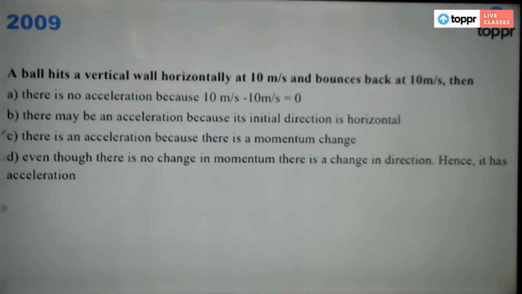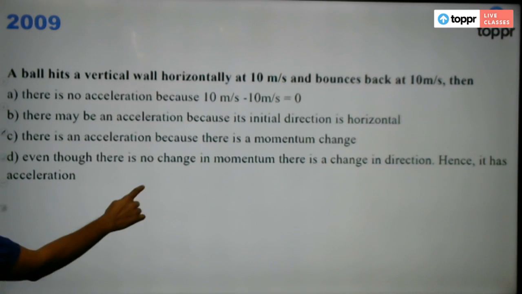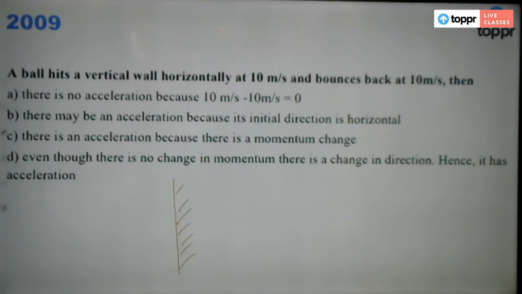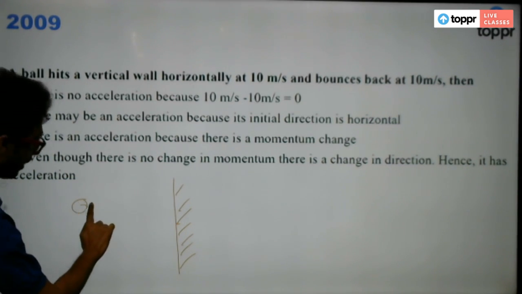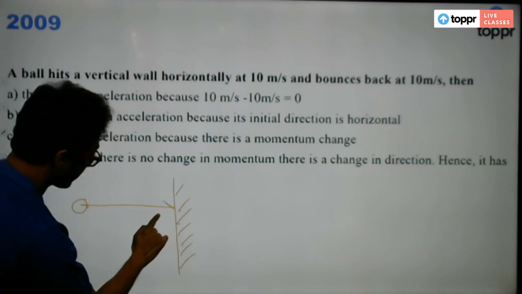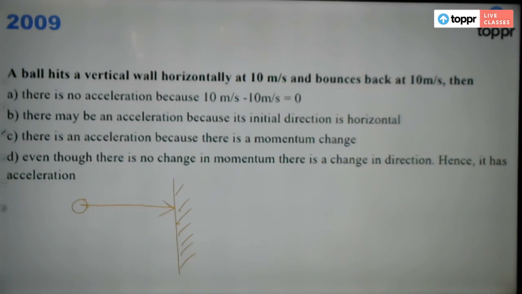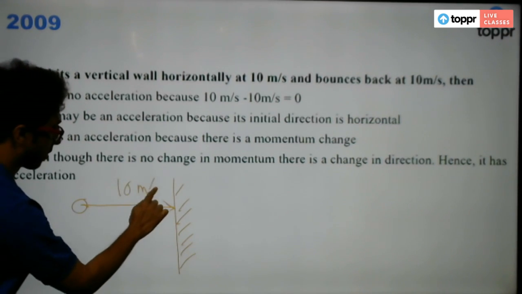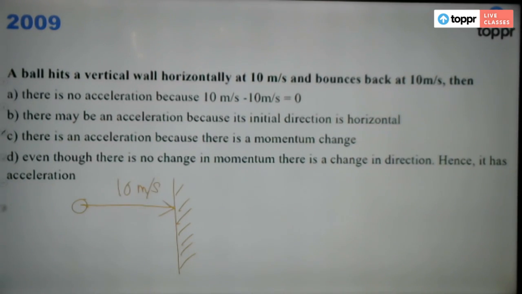Okay. This is interesting. This is not a problem, but more of a reasoning. A ball hits a vertical wall horizontally. There is a vertical wall, and a ball is hitting the wall with a velocity of 10 meter per second and bounces back at 10 meter per second.